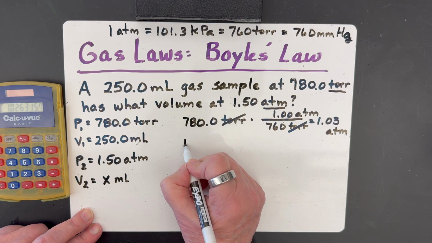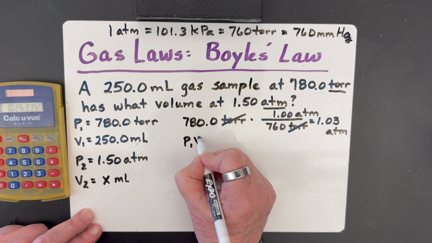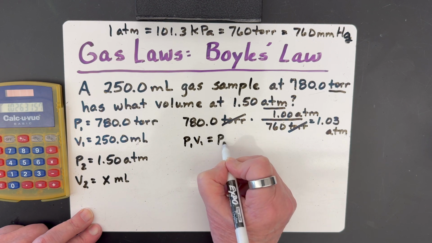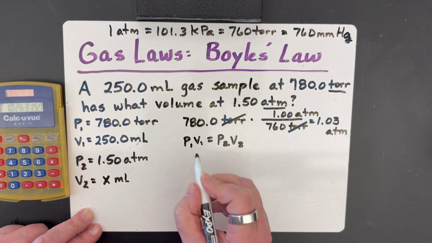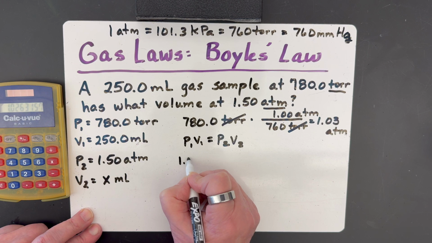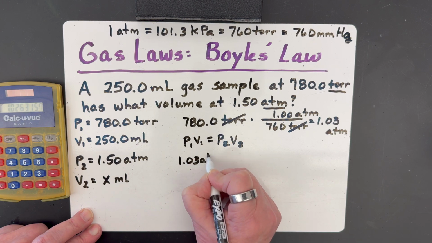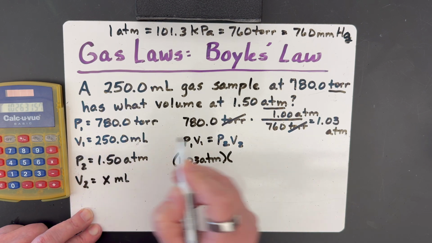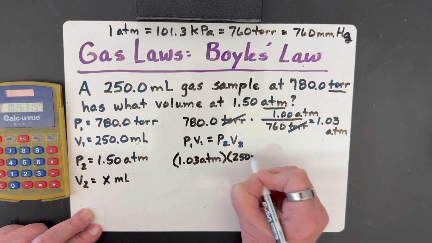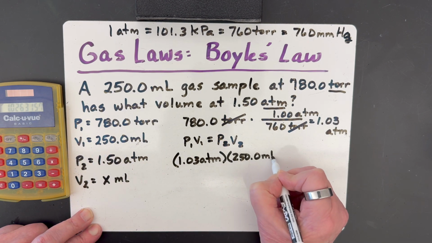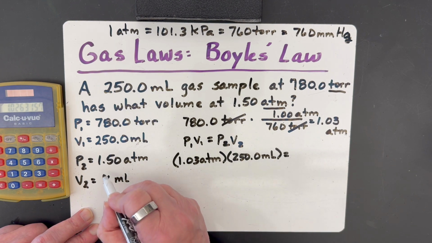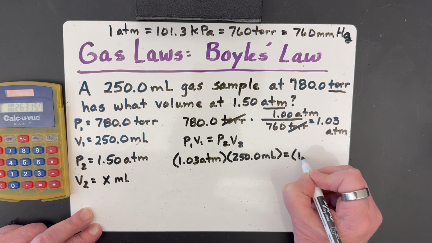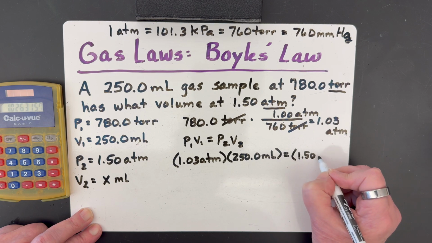So now to work the actual problem, P1V1 equals P2V2. P1 is now 1.03 atm. V1 is 250 milliliters. P2 is 1.50 atm.